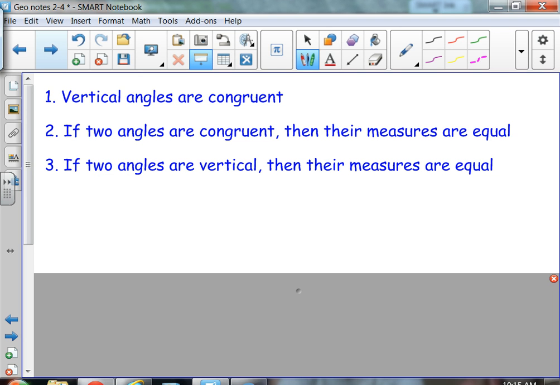So let's take a look at this one. Vertical angles are congruent. If two angles are congruent, then their measures are equal. And if two angles are vertical, then their measure is equal. So they want us to state which law we're using and if it's valid or invalid.